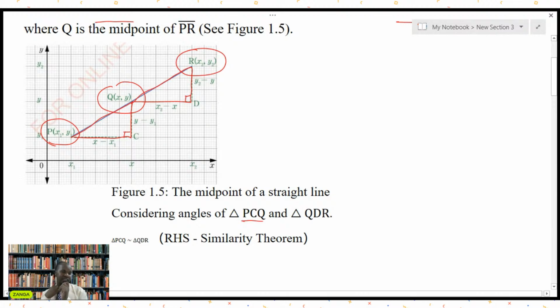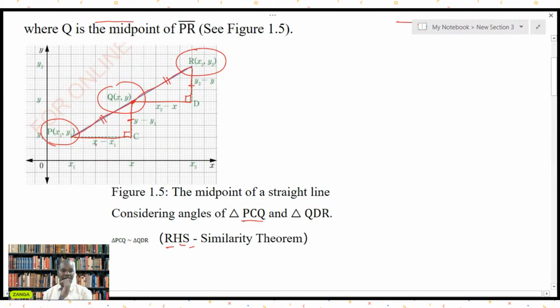And the reason is right angle, hypotenuse side. So we have right angle, we have hypotenuse, which are equal, because this point is the midpoint, and also we have another side, the third side here to be considered. So the fact that these two triangles are similar, the ratios of corresponding sides are equal.